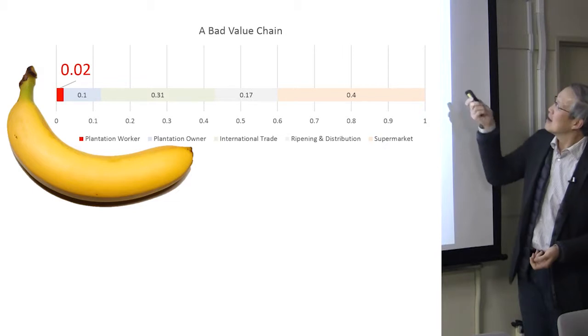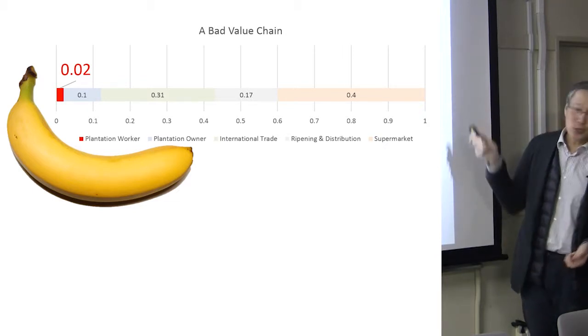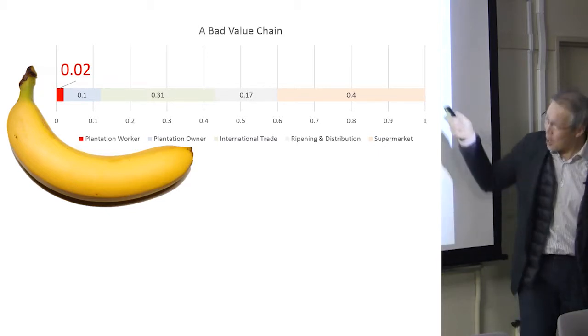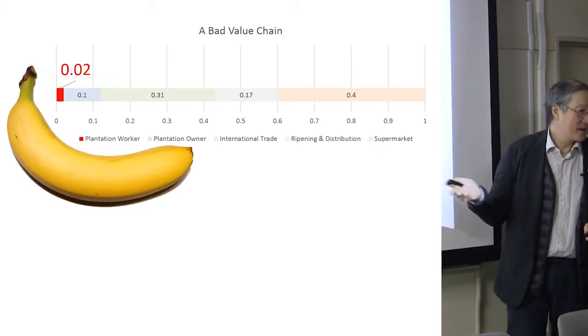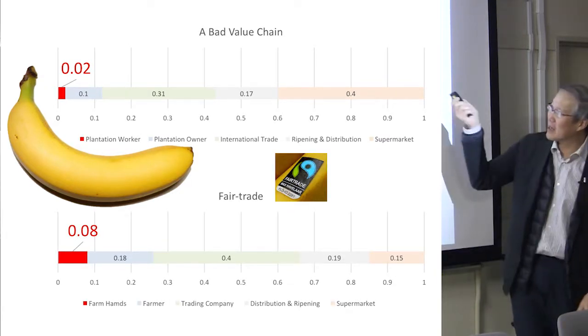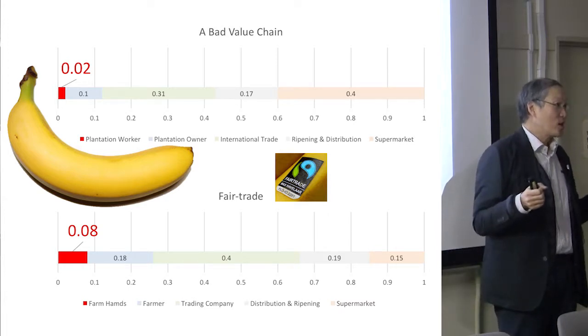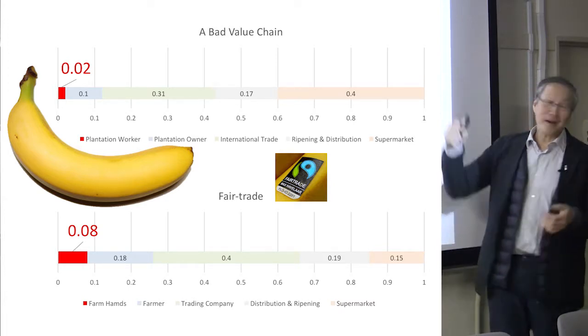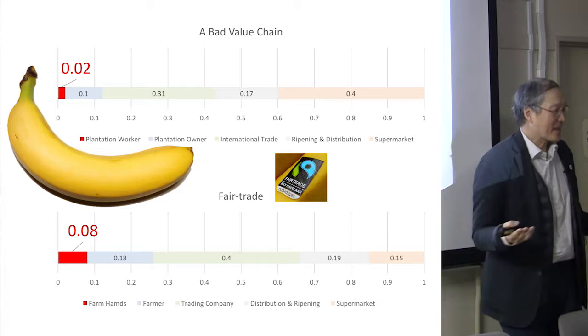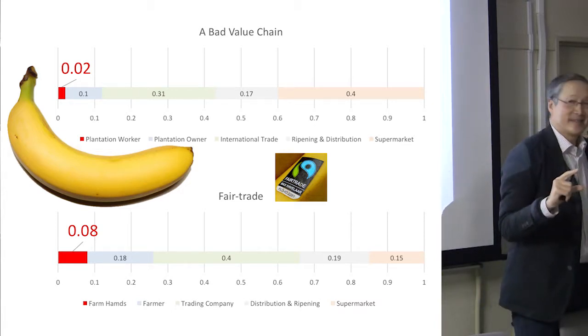Why? Because here, the plantation worker, the farmer only gets 2 cents out of $1. But in a fair trade banana, the farmers get a higher percentage. So the banana that is sold in the market, the more expensive one, has a fair trade label.